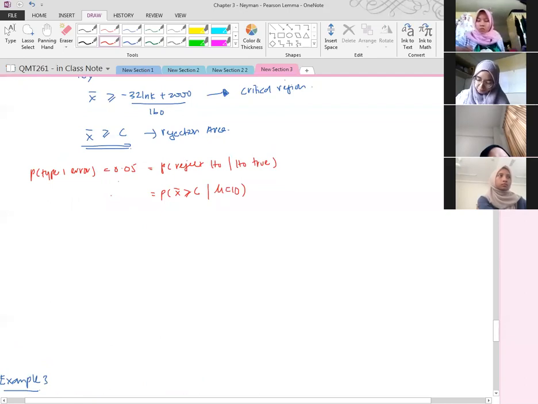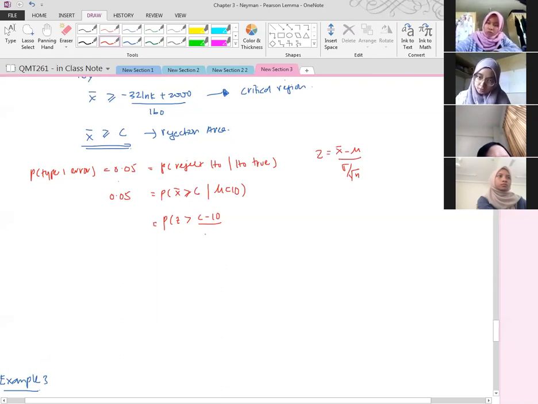So it is 0.05. We have x bar here, so we can use the normal distribution. Z is more than C minus 10 divided by, so the Z distribution is x bar minus mu divided by sigma over square root of n. C minus 10, when mu is equal to 10. What is the value of sigma?